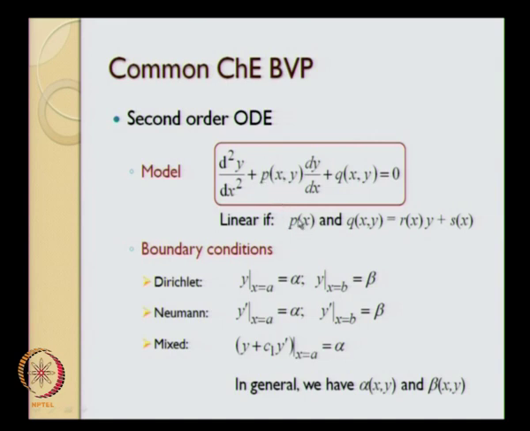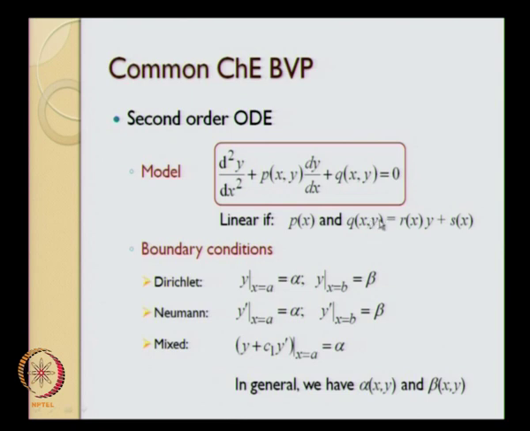That means p is just a function of x, it can be any arbitrary function of x, and q should be a linear function of y, which basically means we should be able to write it as r multiplied by y plus s, where r and s themselves can be functions of x, but they cannot be functions of y. If these conditions are satisfied, then we will get a linear ODE. If these conditions are not satisfied, we will essentially get a non-linear ODE.